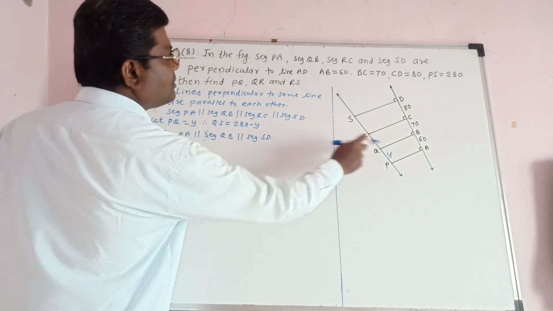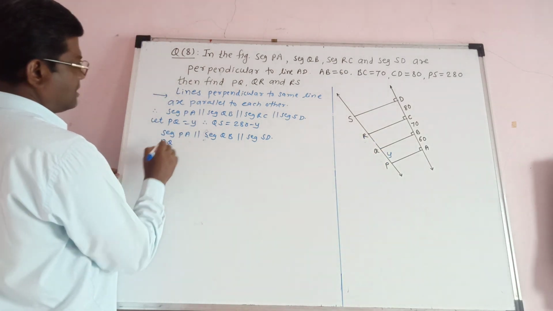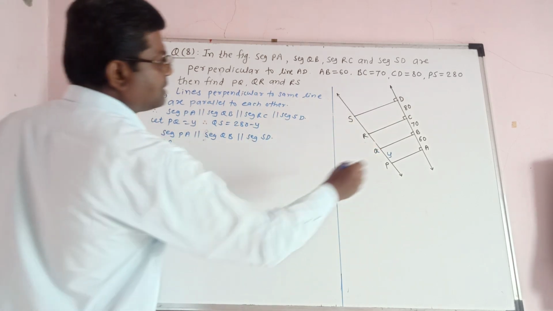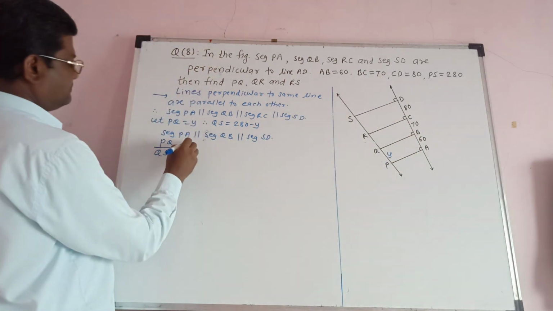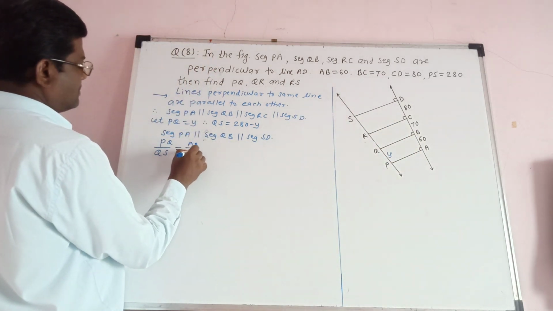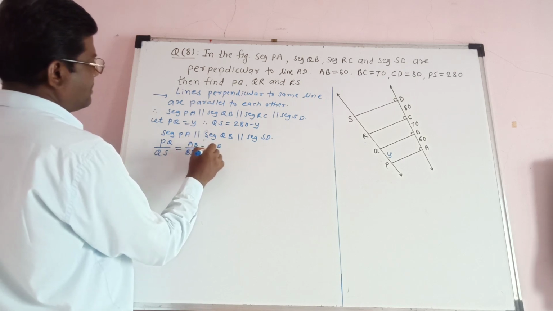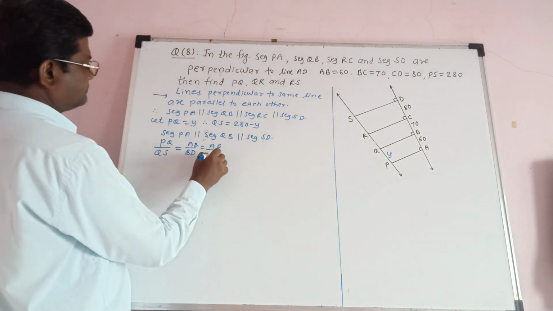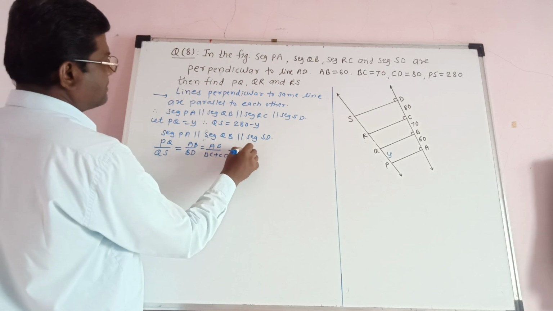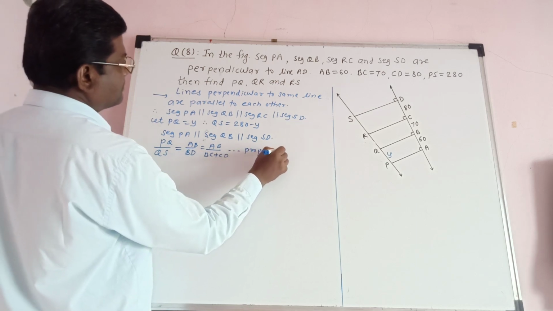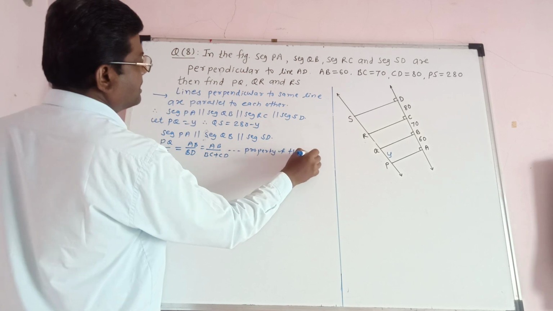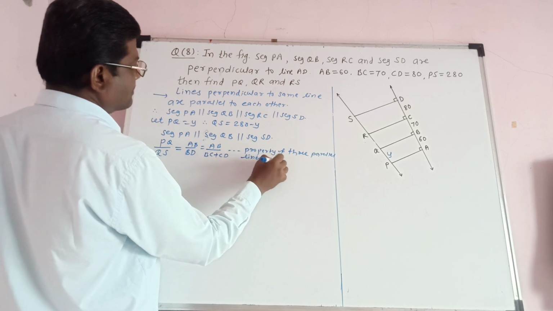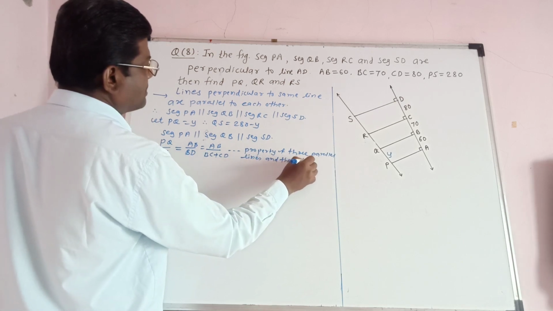So we have PQ upon QS is equal to AB upon BD, which is AB upon BC plus CD, and the reason is the property of three parallel lines and their transversal.